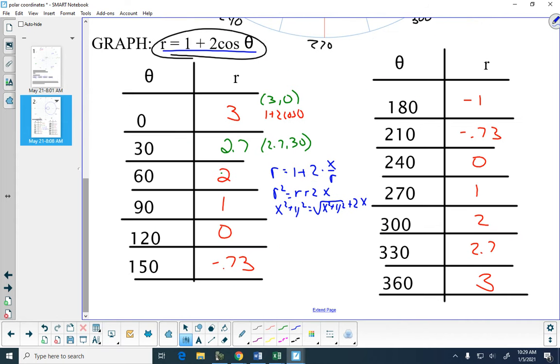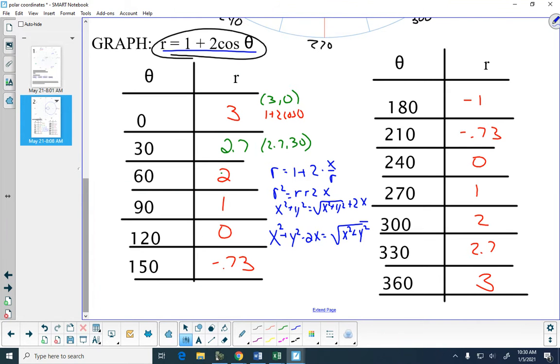So if I was looking at an equation in an XY coordinate system, the equation would be x squared plus y squared minus 2x is equal to the square root of x squared plus y squared. That would be your equation in an XY coordinate system.